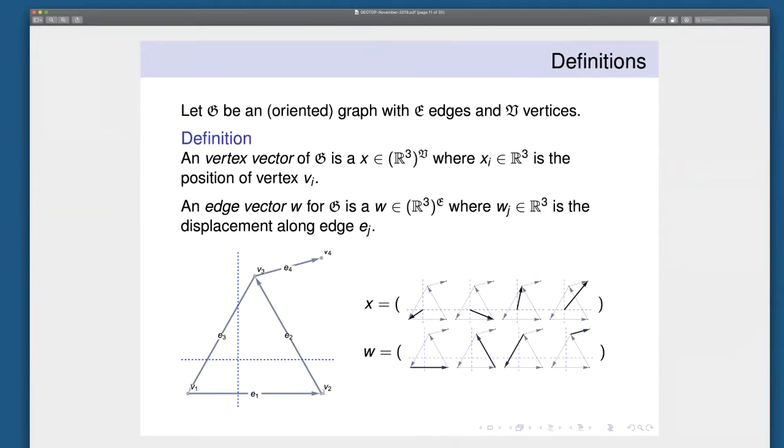That vector goes from vertex 2 to vertex 3. So here is vertex 2, that's the second part of the vertex vector, to vertex 3, that's the third part of the vertex vector. And the relation we get is something like x sub 3 minus x sub 2 equals w sub 2.